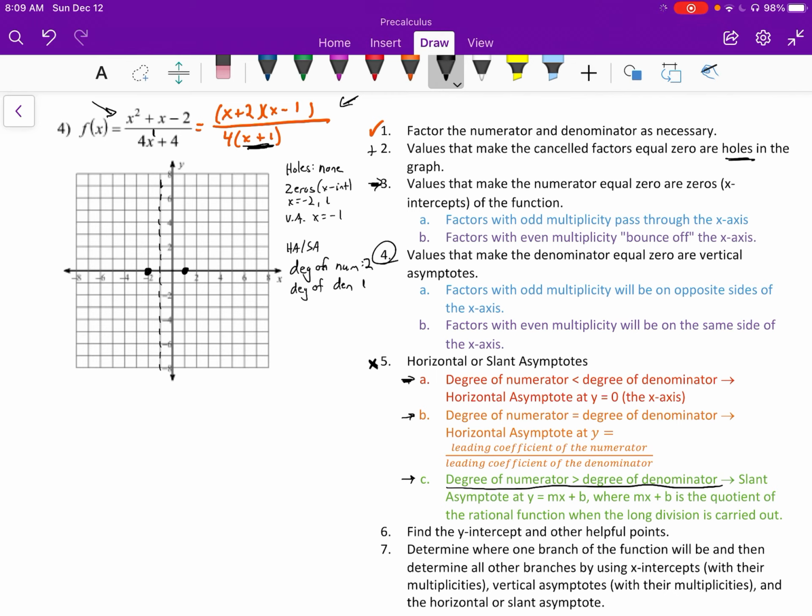So we're going to do some long division here. We have to divide 4x plus 4 into x squared plus x minus 2. So all we're doing here is taking our function, which is a division problem, and actually doing the dividing.